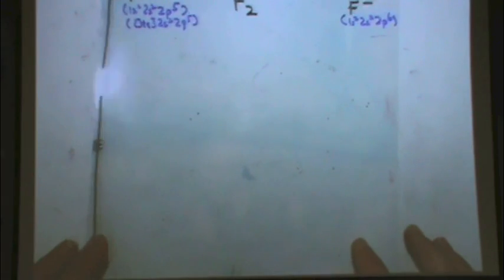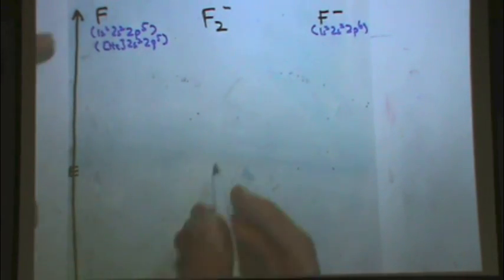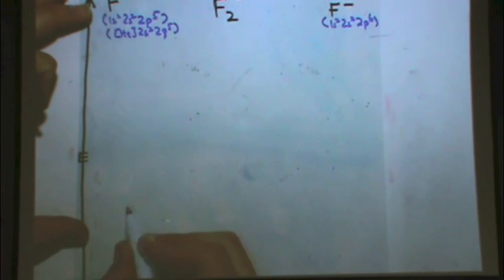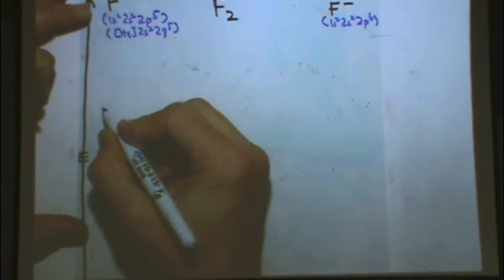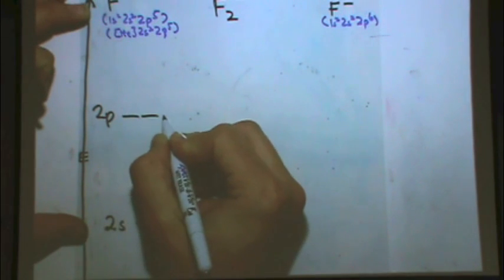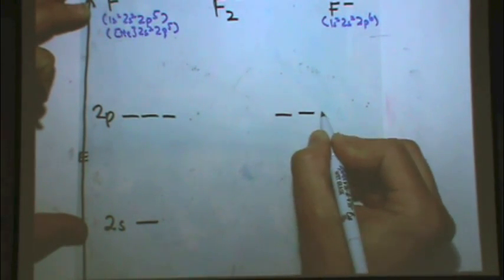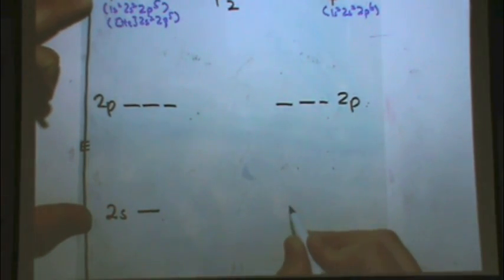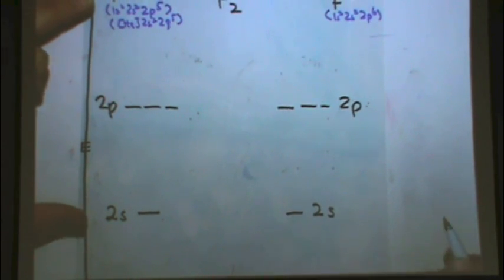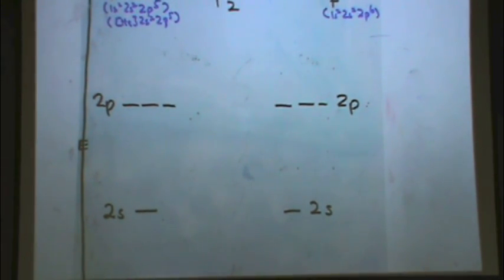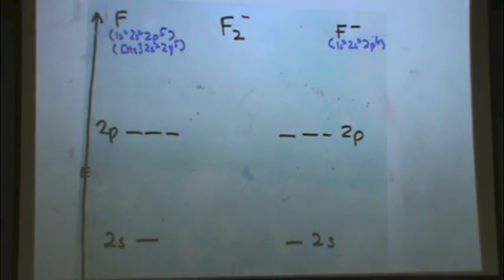Okay. So let's write out the energy levels down here. I'm going to skip, again, the 1s. So we're going to go straight to the 2s and the 2p. Skipping the 1s again, core electron. Okay? Maybe we can almost fit everything on the screen.